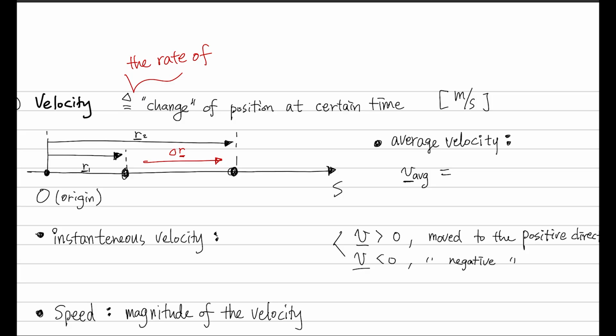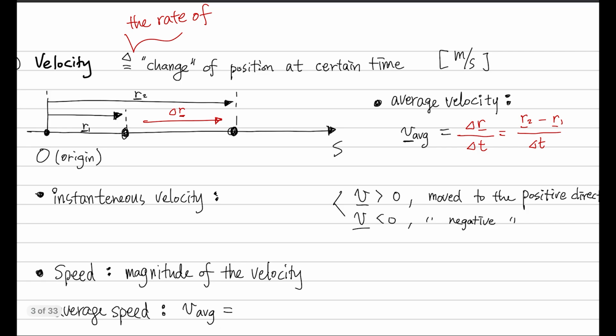So average velocity first would be delta r divided by the time it took, or we can write it as r2 minus r1 over delta t, like that. And that's the average velocity.